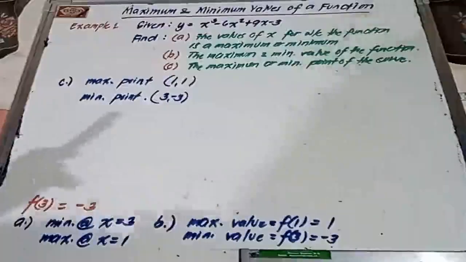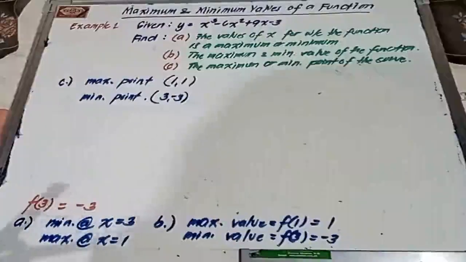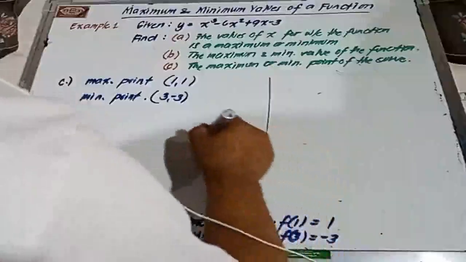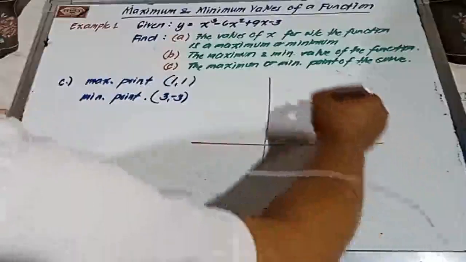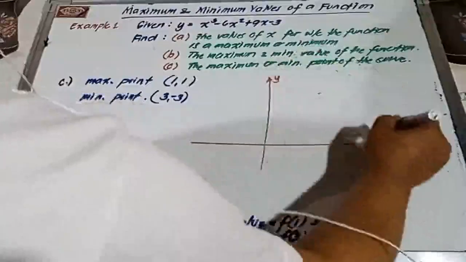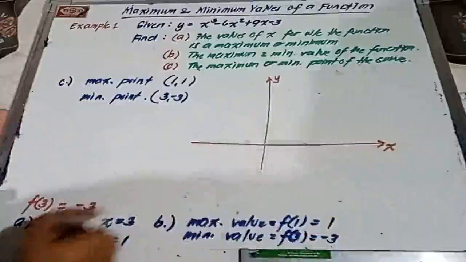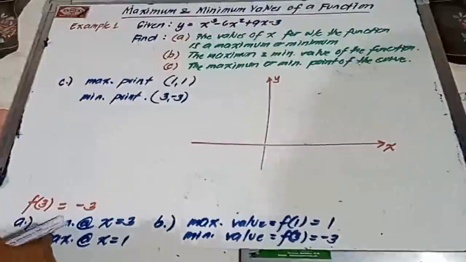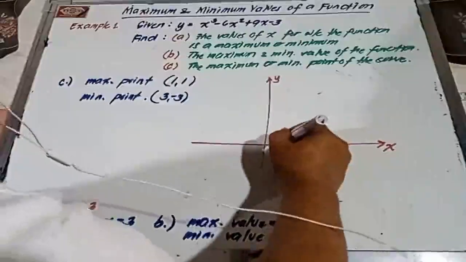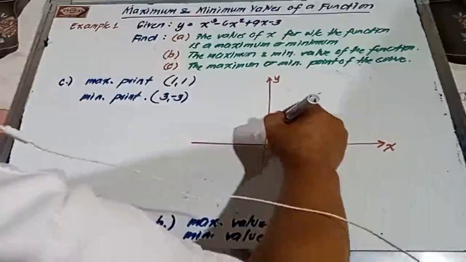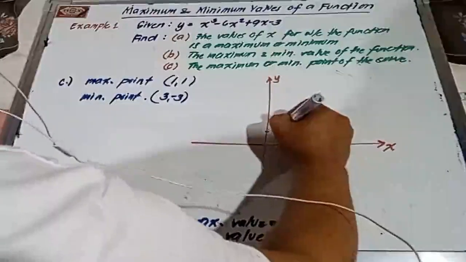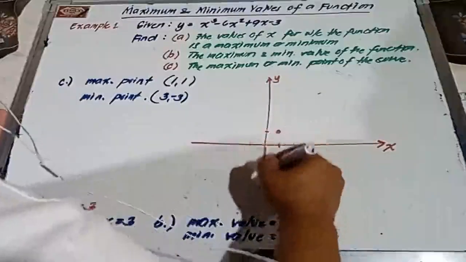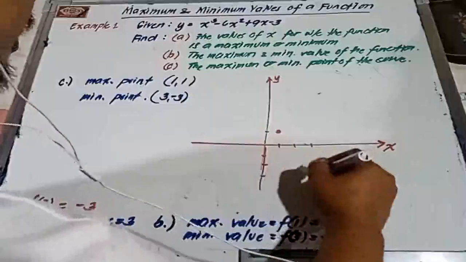Okay. So, pag ni-rap natin yan, ganito ang itsura niya. Okay, ito yung Y. Ito yung X. And we have 1, 1. 3, negative 3. 1, 2, 3.